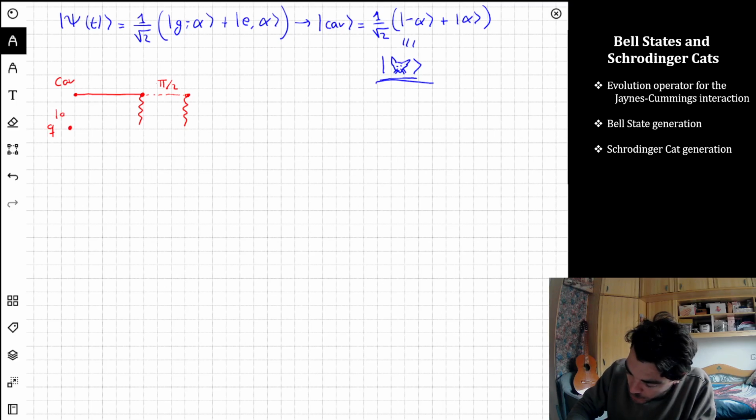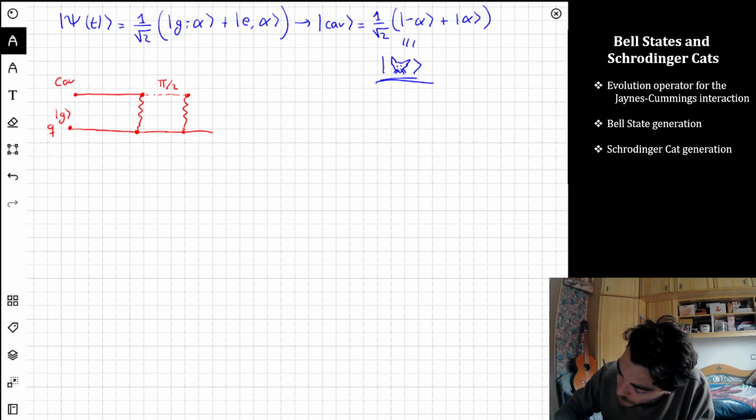So the qubit starts in the ground state, then it interacts with this cavity. After the interaction, the atom is just in G plus E over square root 2, so it's in a quantum superposition.